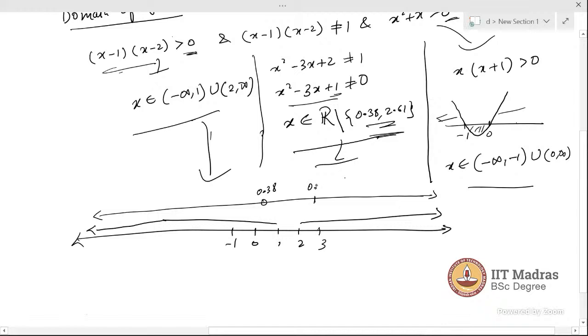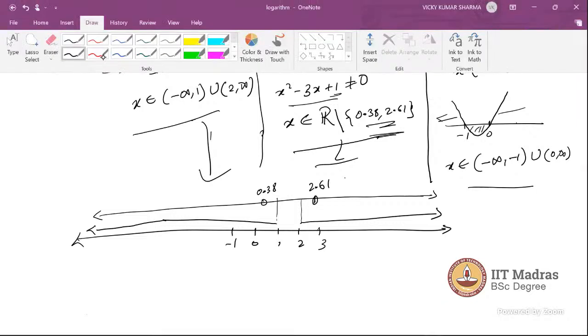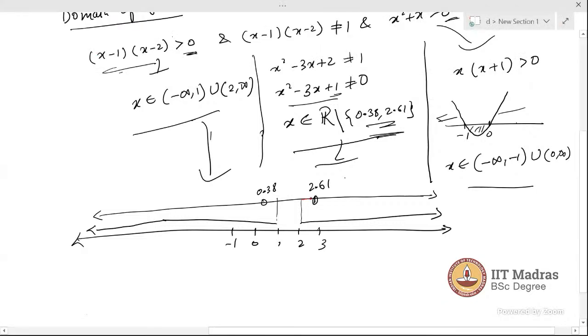So from here, what are the intersection regions? I can find that the intersection region is only this part. If I have to use some other color, just give me a minute. So from here, I know that my intersection regions are only this, right?